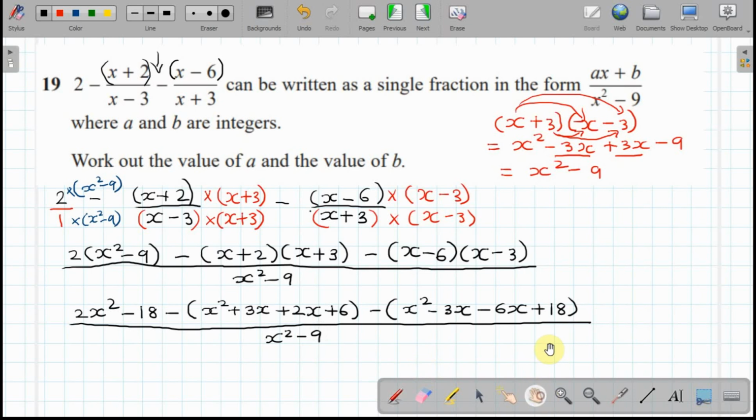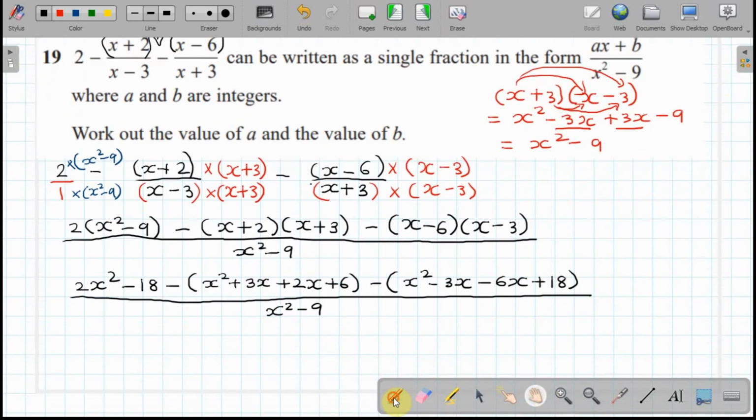Then I'm going to need some space, so I'm going to scroll up slowly. 2x squared minus 18. Now these two will become 5x. I'm going to open up these brackets, so all the signs are going to change because they multiply by this minus sign, or by minus 1. So the x squared will become minus x squared. And these two would simplify to give you 5x, but then multiplied by the negative, it becomes minus 5x.